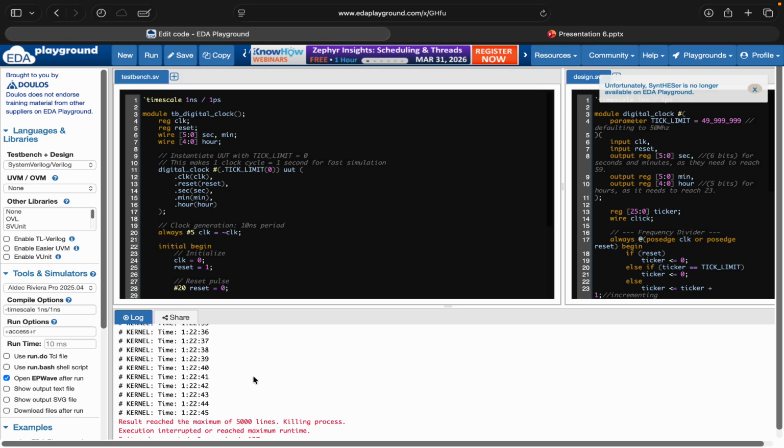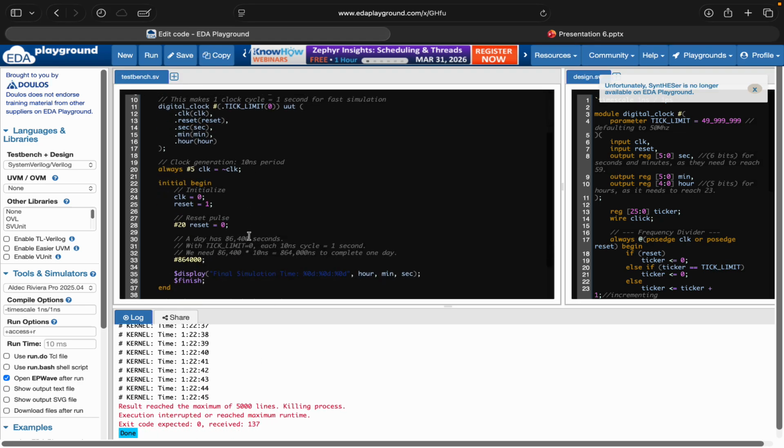See, here you might have seen a problem. I have given that the clock should run till 8,64,000. This means it has the number of seconds that it has to run. It takes around these many seconds to complete one day. Now the problem is this EDA Playground will limit your simulation lines.